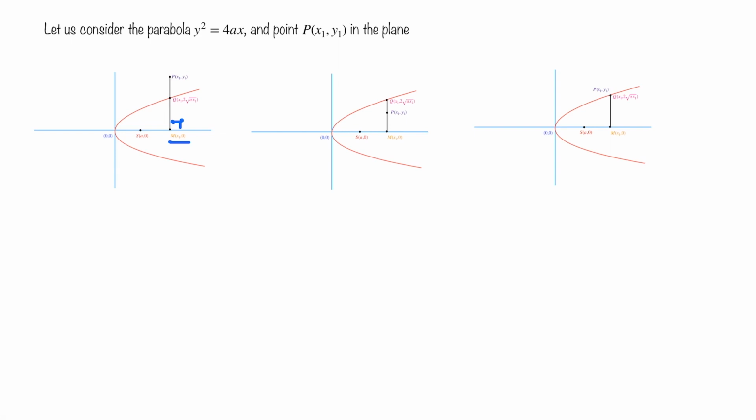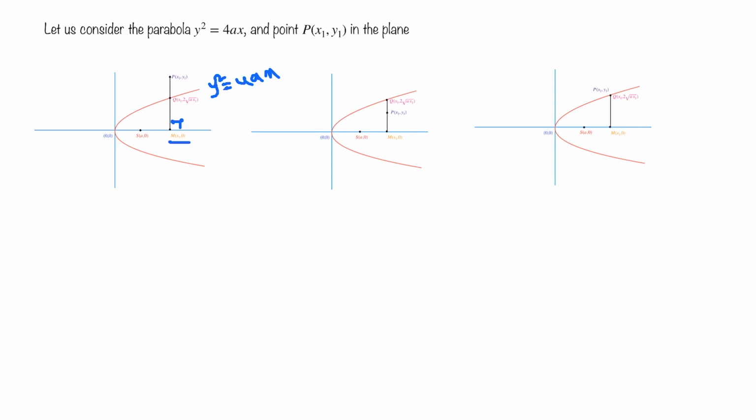This PM meets the parabola y square equal to 4ax at a point, let us say Q. So whose coordinates are going to be x1 comma 2 root ax1, because since this is a point on the parabola and the x coordinate is x1, the y coordinate must be 2 root ax1.